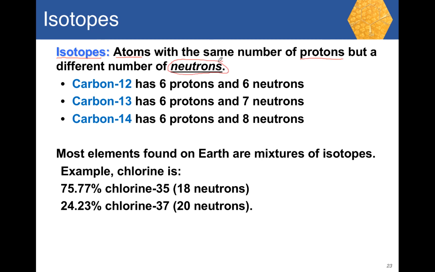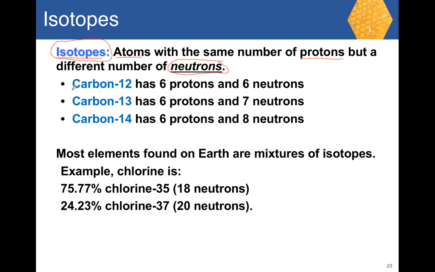Just imagine an atom has the same number of protons as another one, but the only difference is it has more or fewer neutrons. It's such a subtle difference that it's not a different atom, but it's now called an isotope.